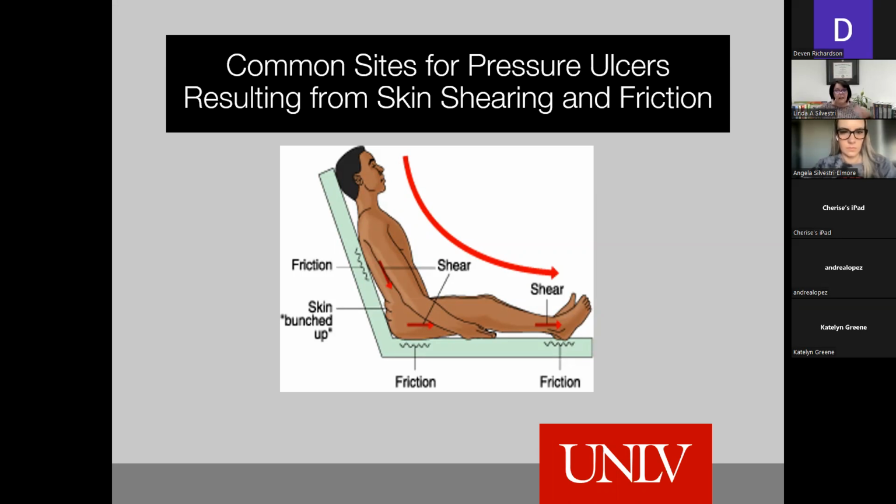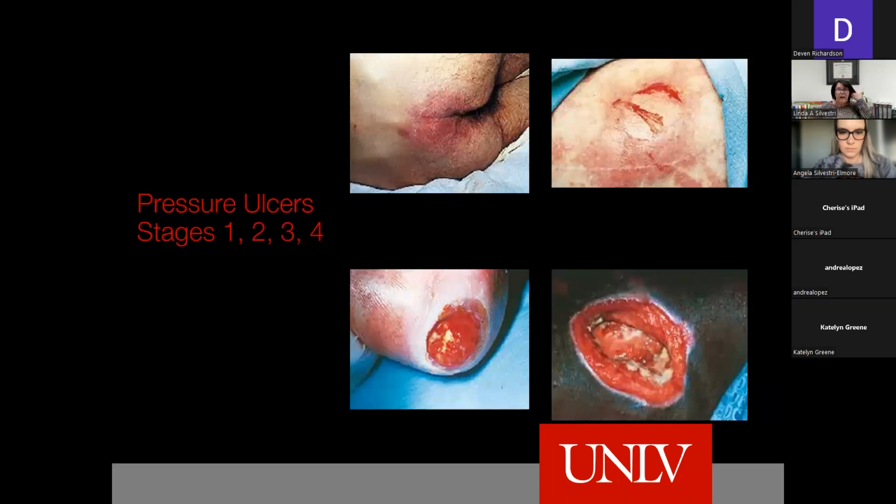And then on the next slide, here we have the four stages of the pressure injuries. And again, we're calling them injuries rather than ulcers. Your role is really prevention, and assessment is a key factor.